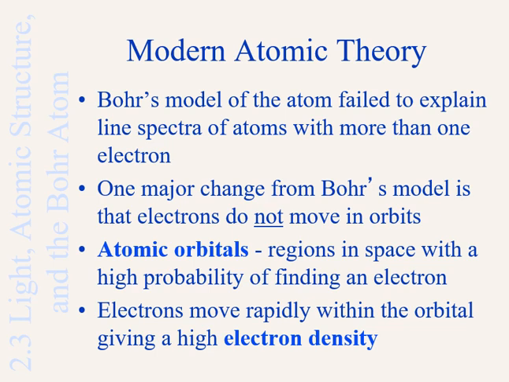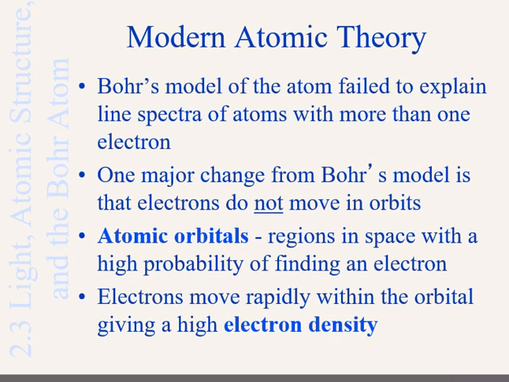Those are regions. They are not necessarily circular in nature, and we only have a high probability of finding an electron within this region. And electrons move very rapidly within these orbitals, and what that gives us is a high electron density.